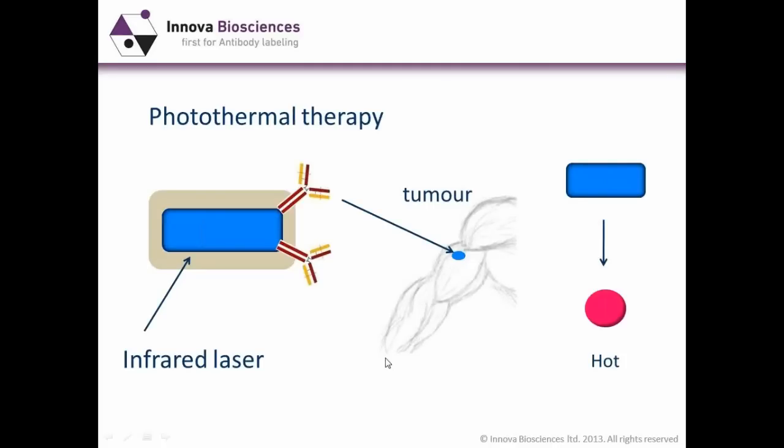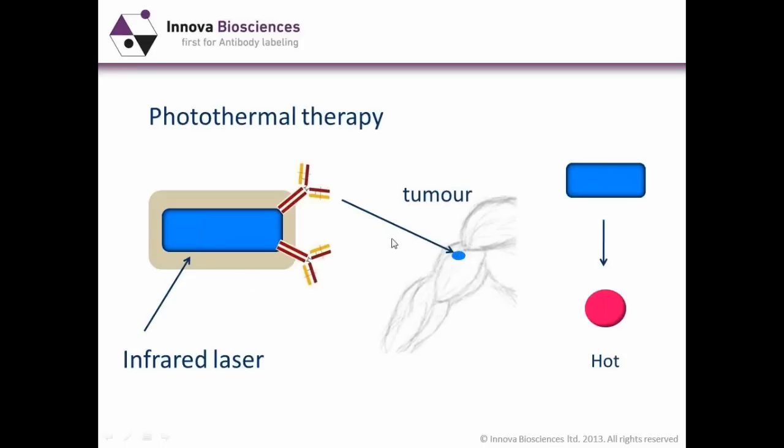This is another really interesting use, photothermal therapy, usually done with gold rods, which are blue or brown. So you have, for example, a targeting antibody, which targets the conjugate to a tumor, which we show in the patient's arm here.